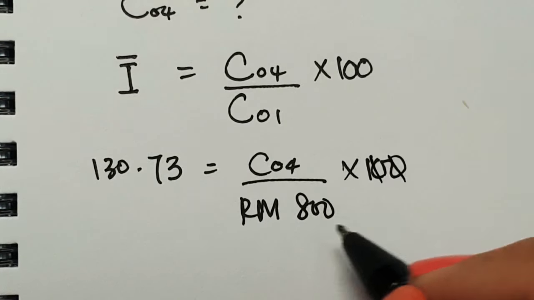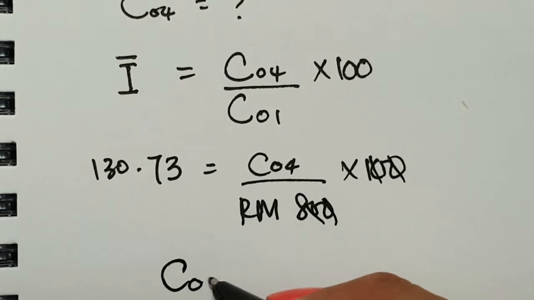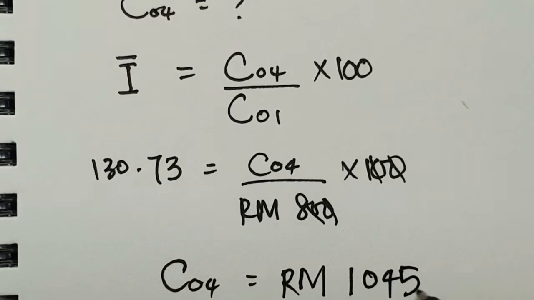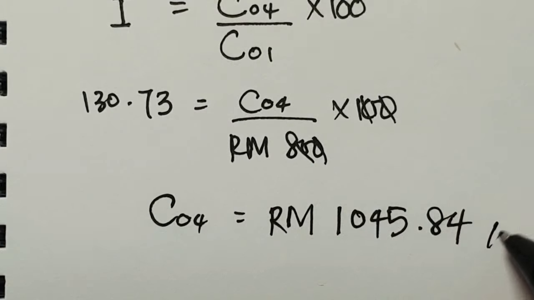So this one you simplify. So cost in 2004 we just take 8 times with 130.73. So 130.73, when we times 8, we will have 1,045 ringgit 84 cent. That's it.